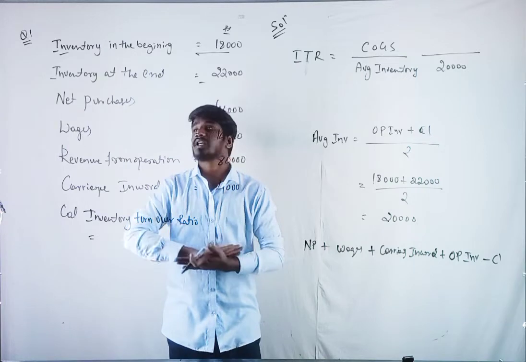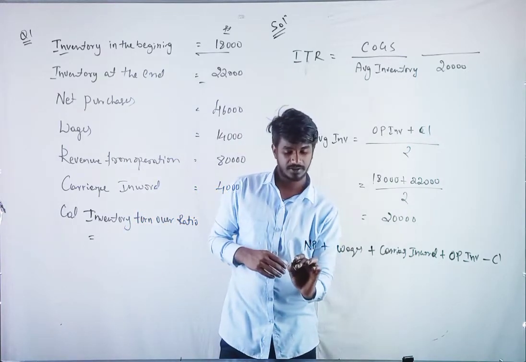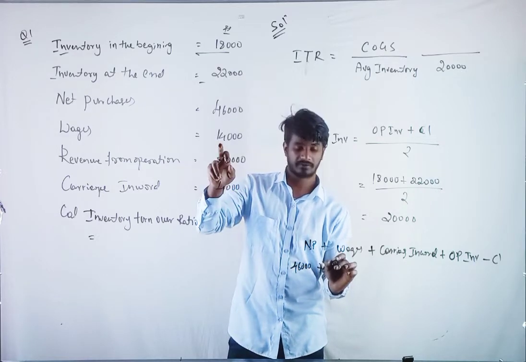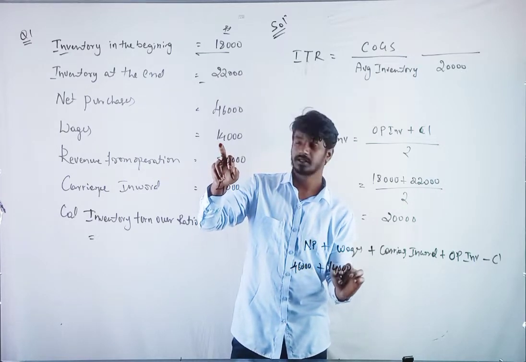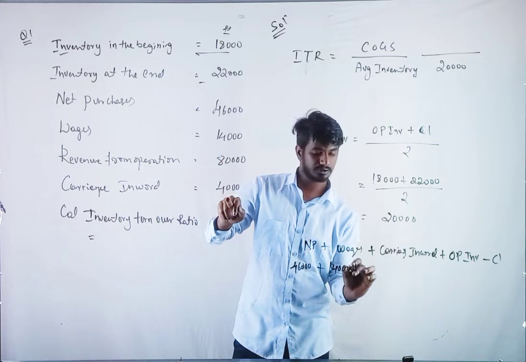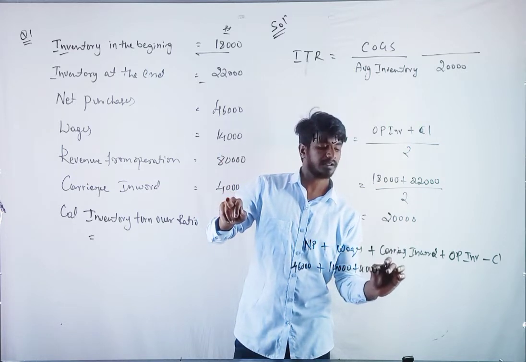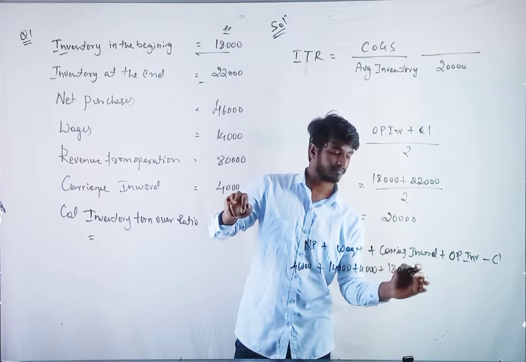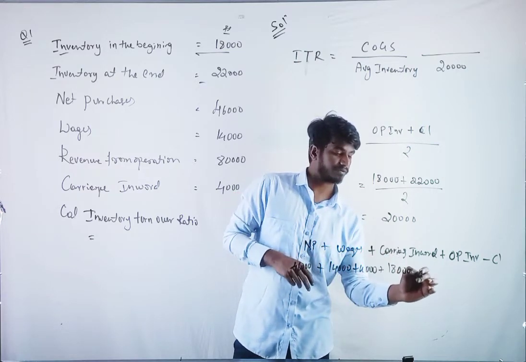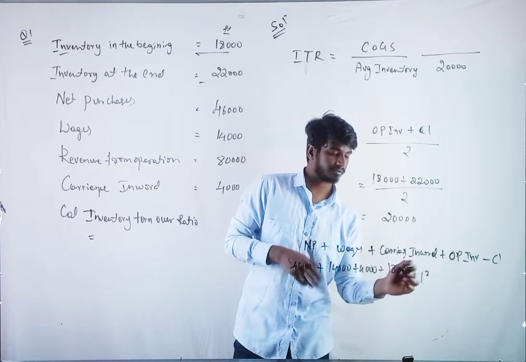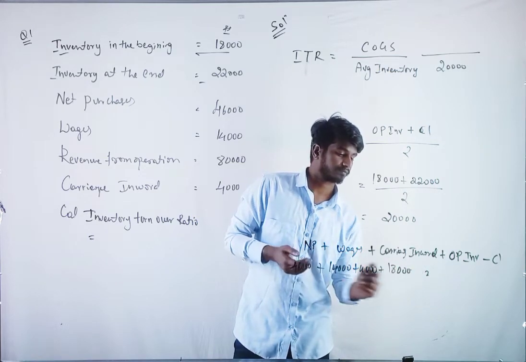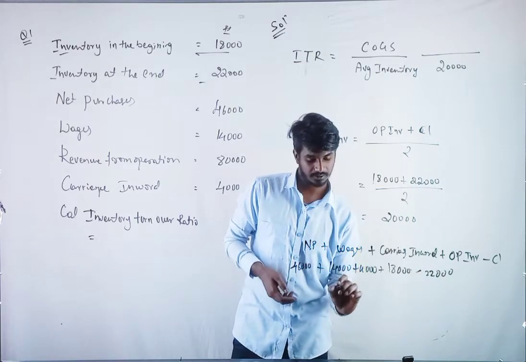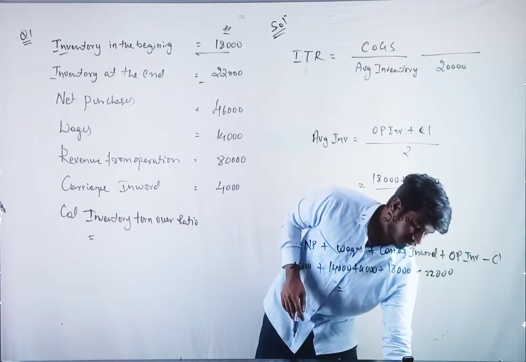Net purchase 46,000, plus wages 14,000, plus carriage inward 4,000, plus opening inventory 18,000, minus closing inventory 22,000 is equal to, how much does it come to?